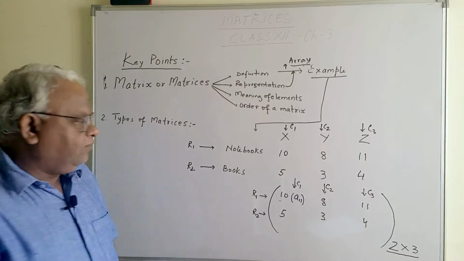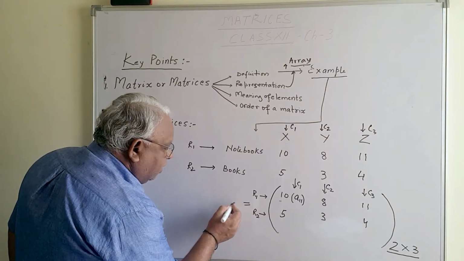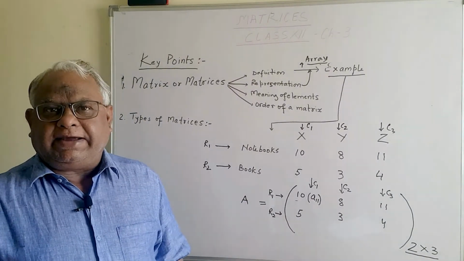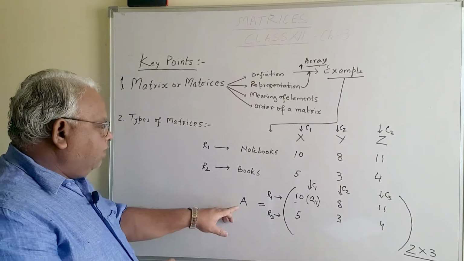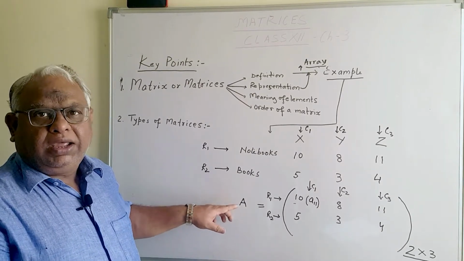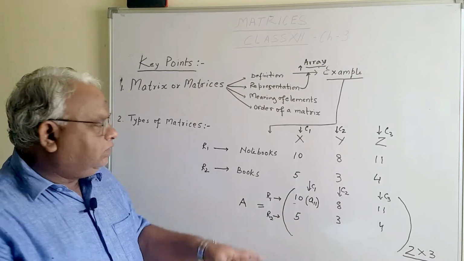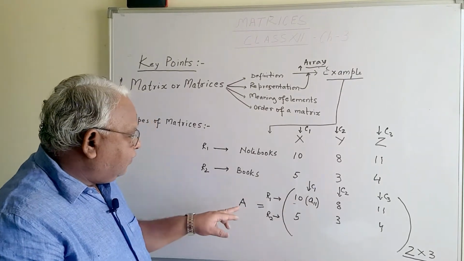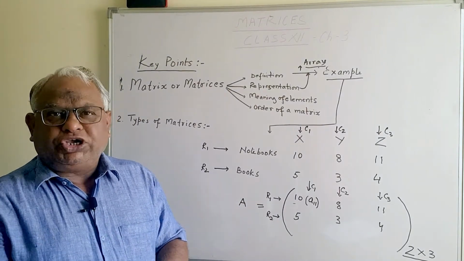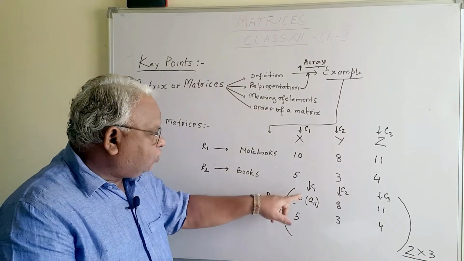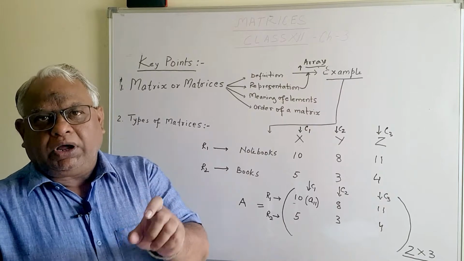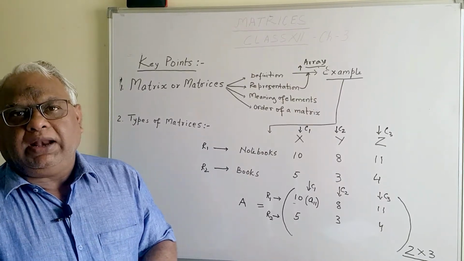Every matrix is defined by a capital letter, A, B, C, X, Y, Z. So if I am using the letter A for defining the matrix, then A11 is the element of this, and its position is first row, first column. I hope you have understood how to define the location of an element.